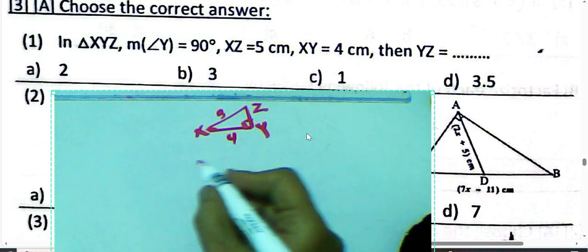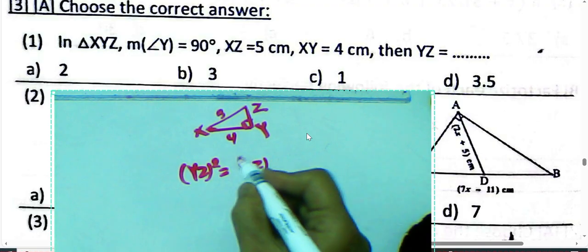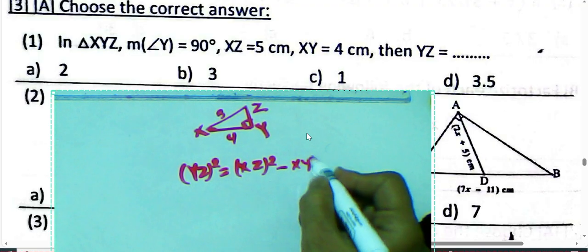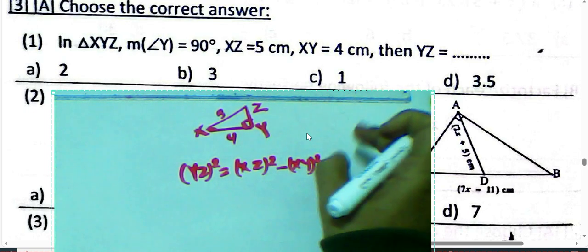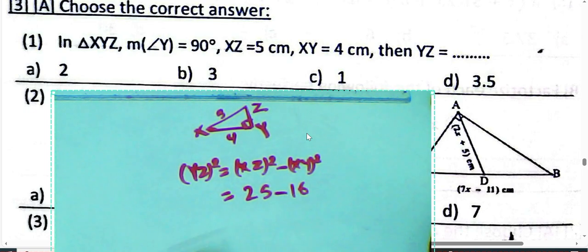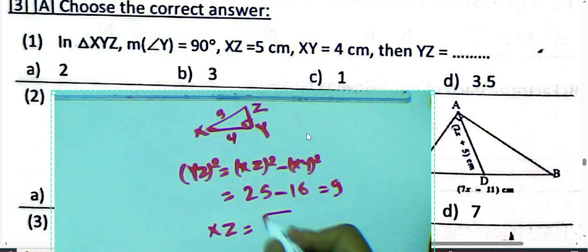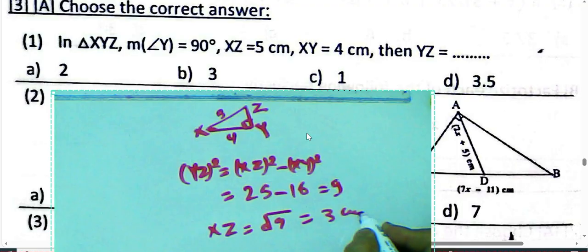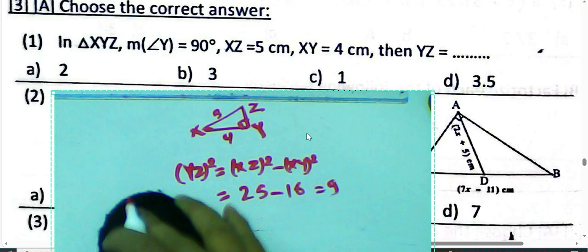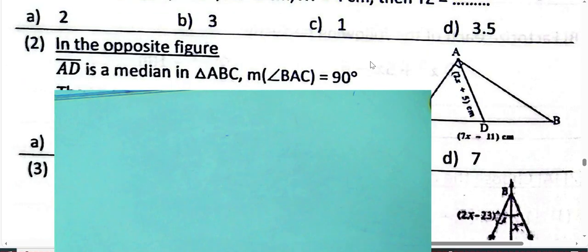You want to find YZ. We can write YZ power 2 equals XZ power 2 subtract by XY power 2. XZ power 2 will be 25, subtract 4 power 2, which is 16. The difference between them is 9. Then YZ equals the square root of 9, which equals 3 centimeters. Next question.